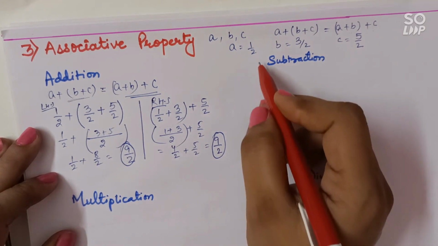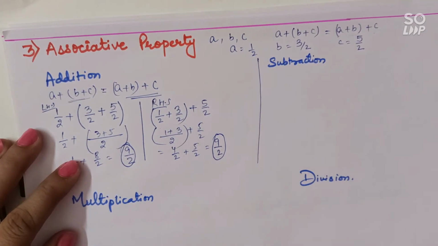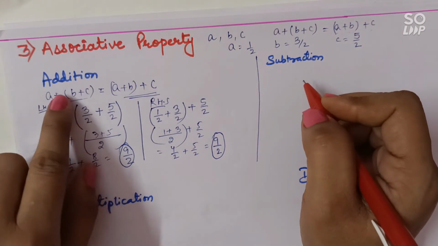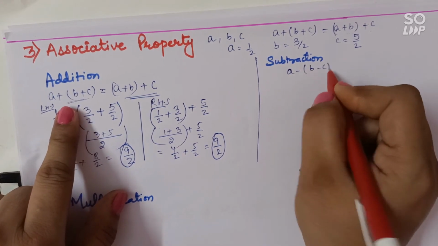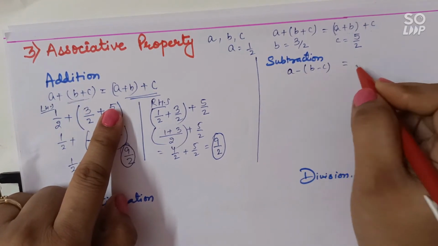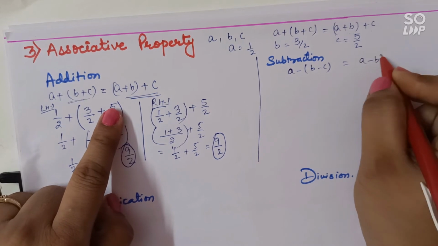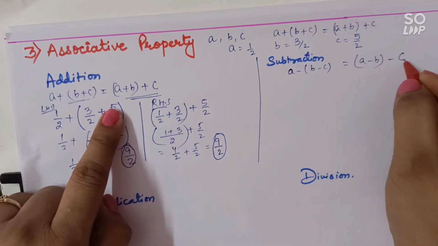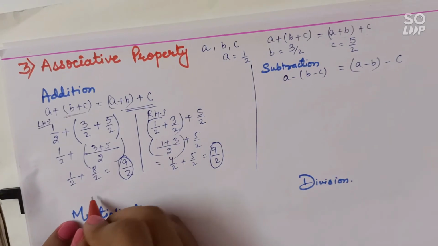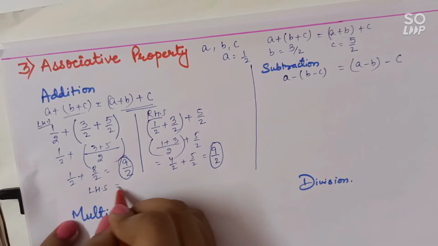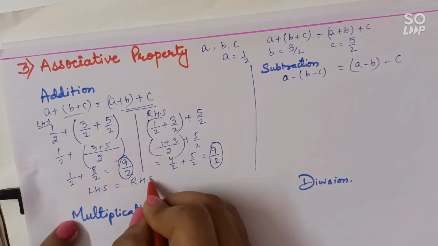Let's check for subtraction of rational numbers also. So what I will do, I'll just change the sign. It will be A minus B minus C should be equal to A minus B minus C. Again I will check for the same. Here you can write, LHS is equal to RHS.